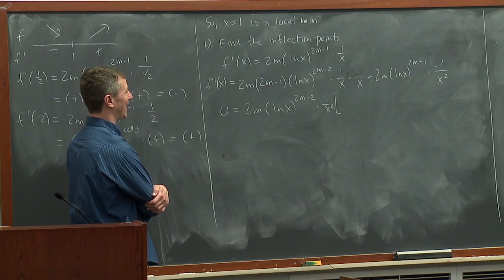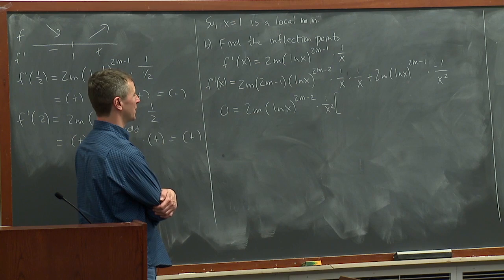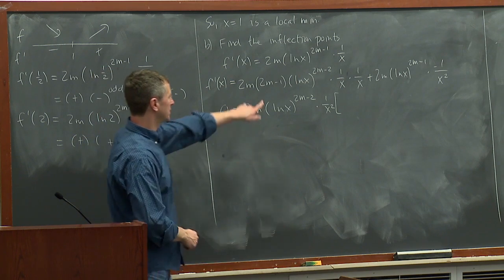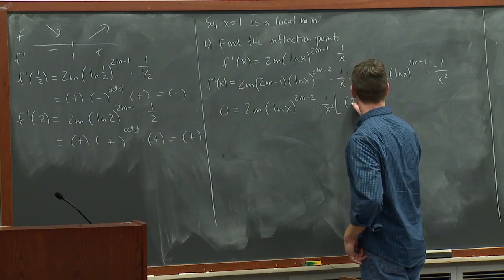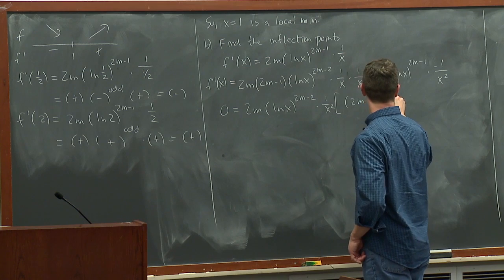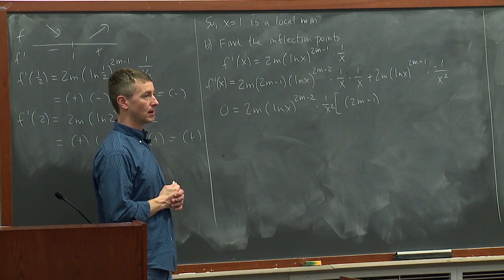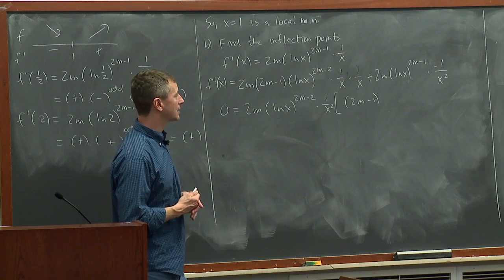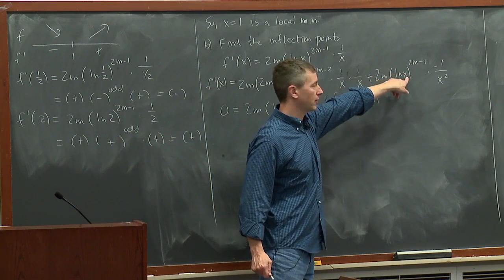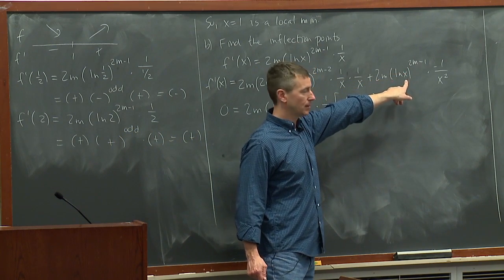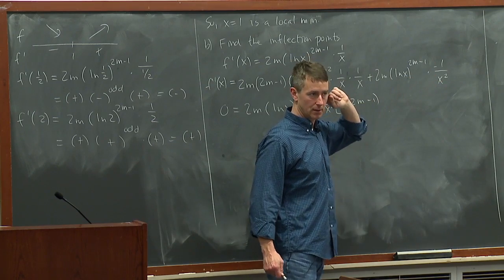And after we do that, what's left from the first term? Only the 2m minus 1. And what's left from the second term? A what? An ln of x, right? Because this had one more power, one more in the exponent, and there's also a minus sign, right?